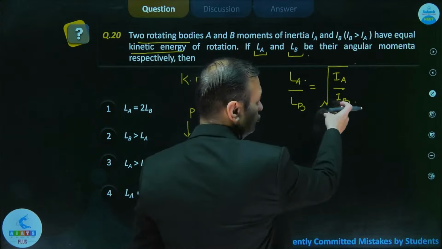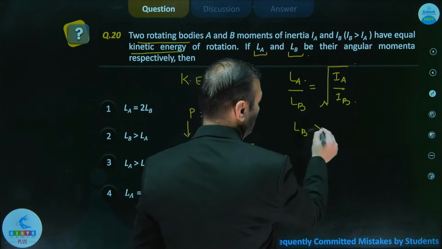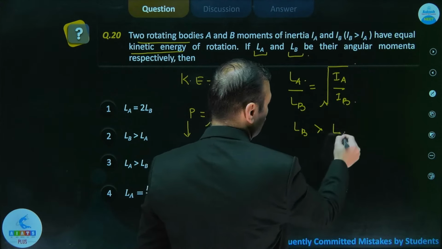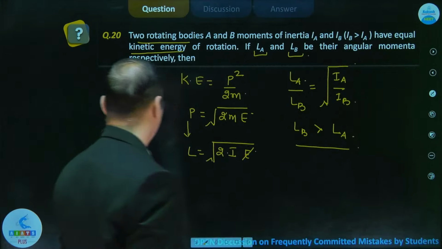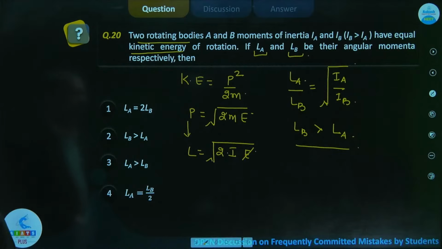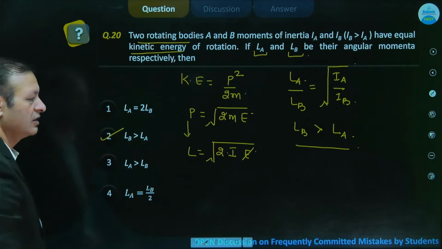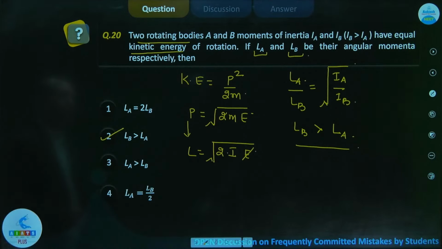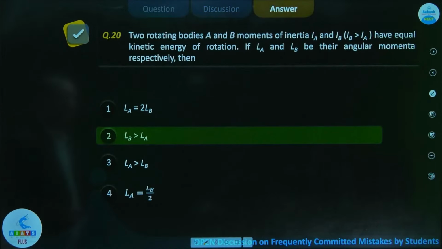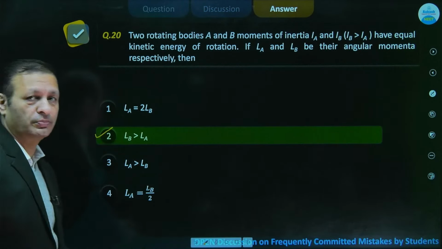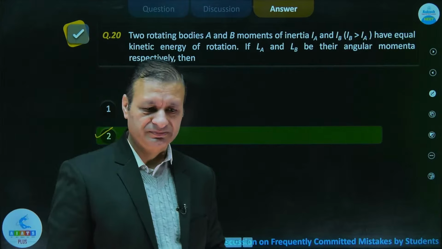IB is more, so definitely LB will also be more than LA. So this is the second option. Any doubt from this part?